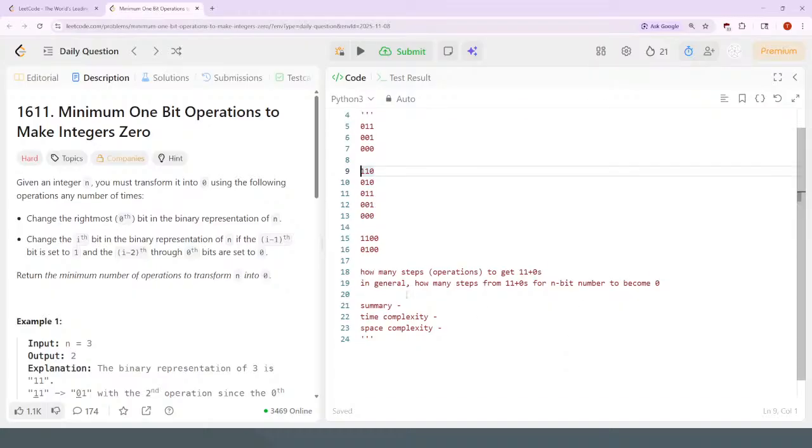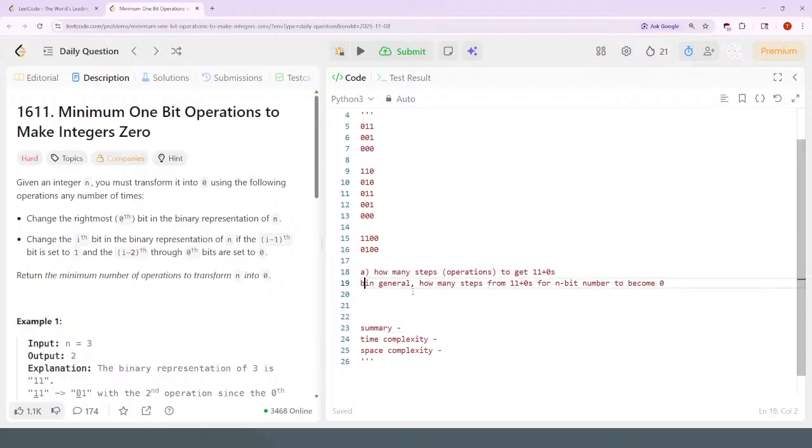Okay, let's go ahead and solve the second part. I'll solve it by just considering finding the pattern maybe.